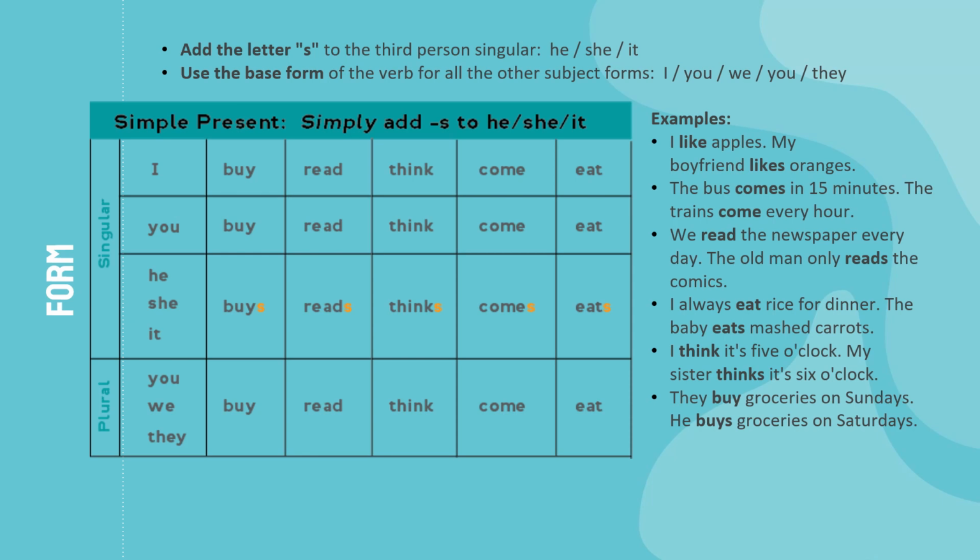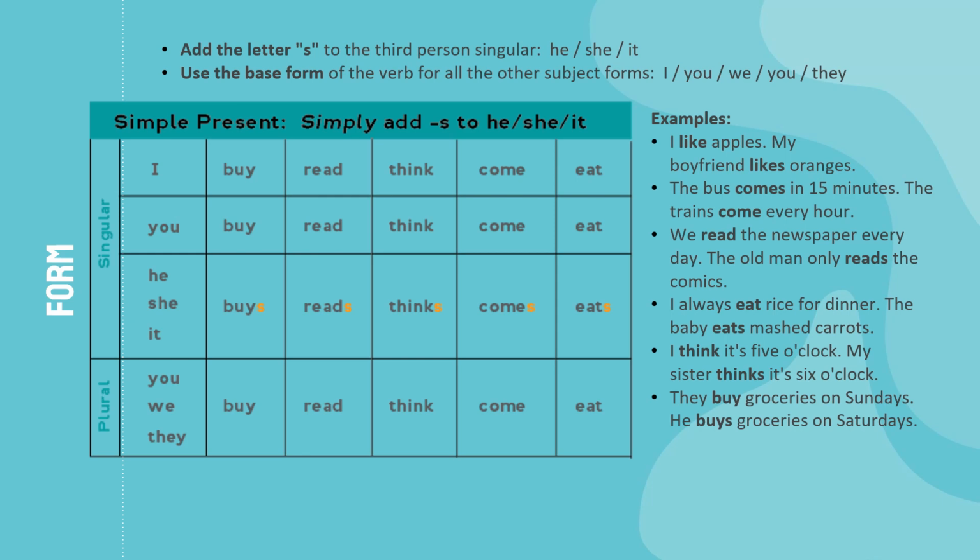I, you, we, they. Examples: I like apples. My boyfriend likes oranges. The bus comes in 15 minutes.